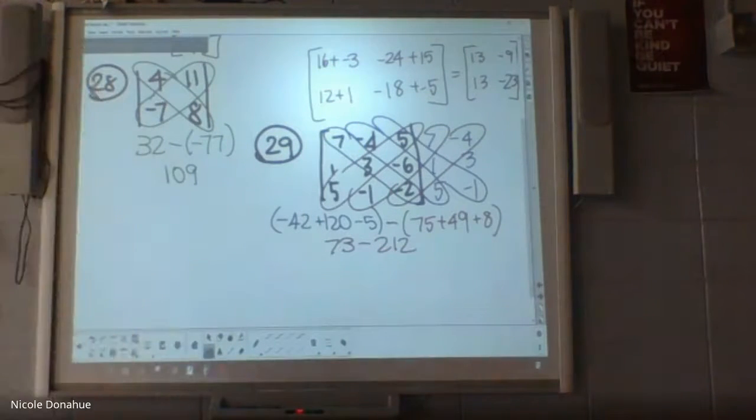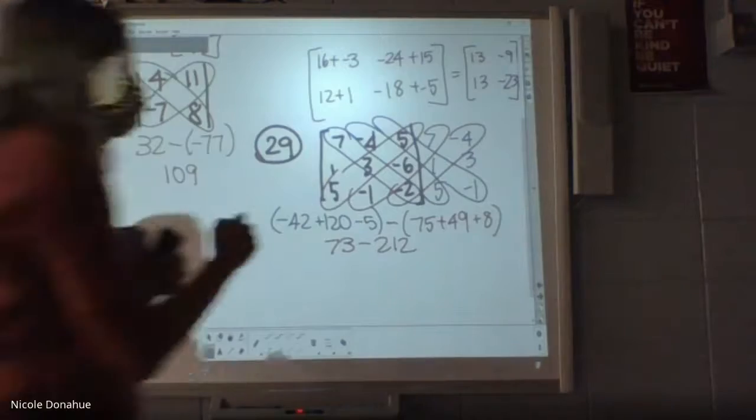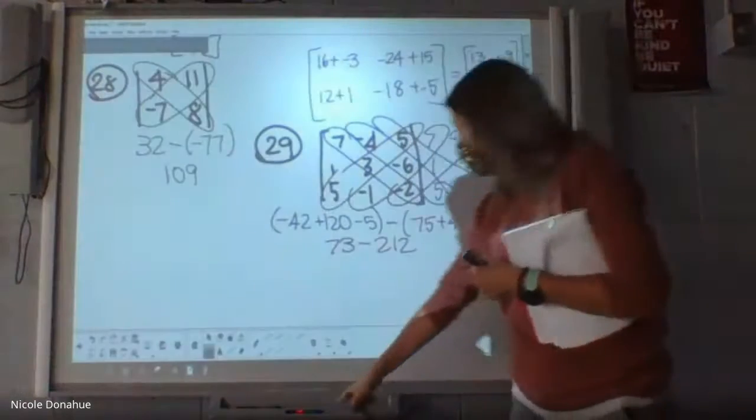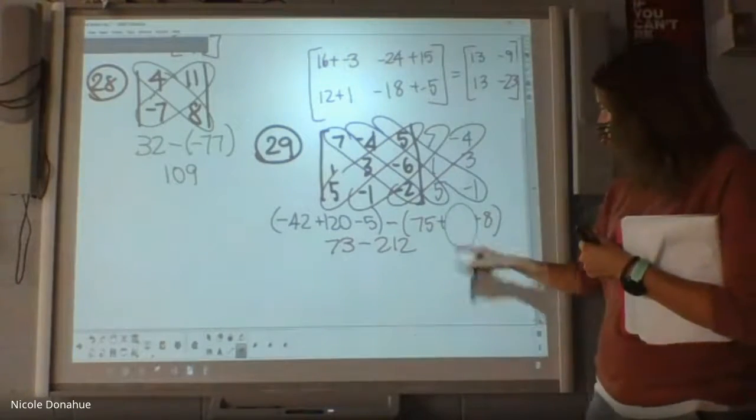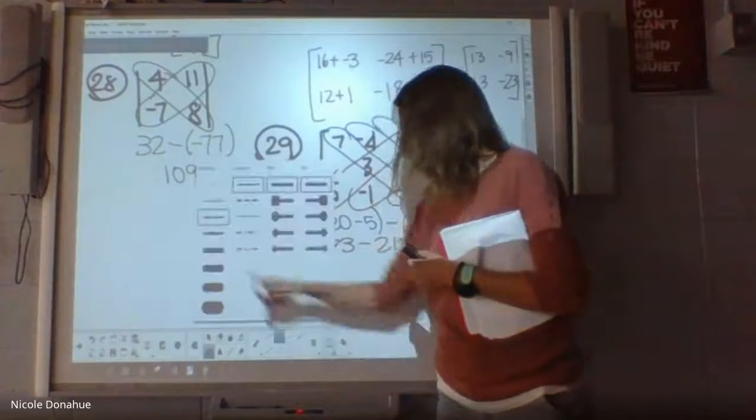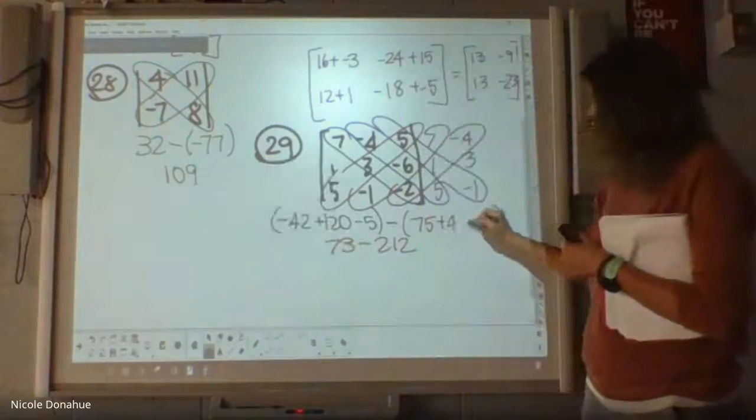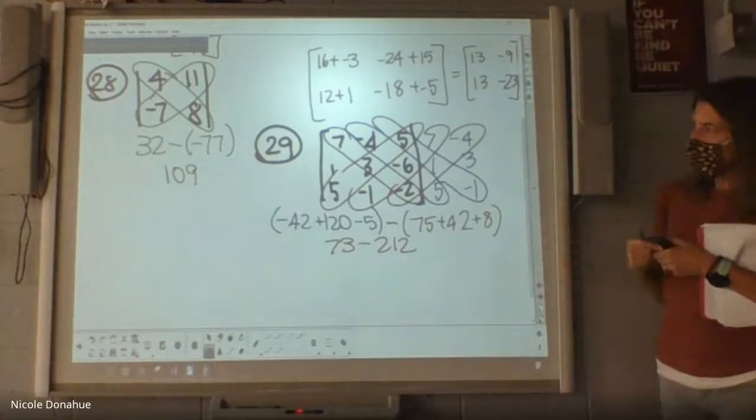Negative 139, was that the answer? No, I got 132. Negative 52. All right, let's check again here. Oh, and the 49 is supposed to be 42. But even then, I must have done something else wrong. That should be 42, because that was 6 times 7.